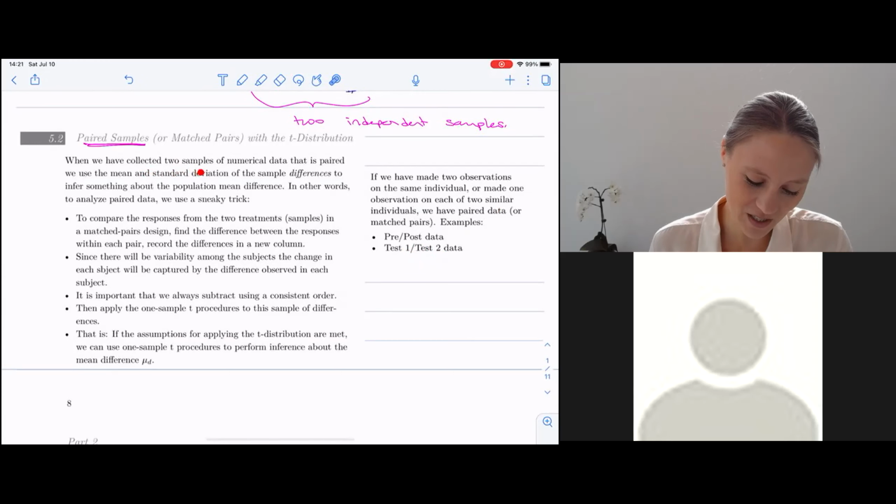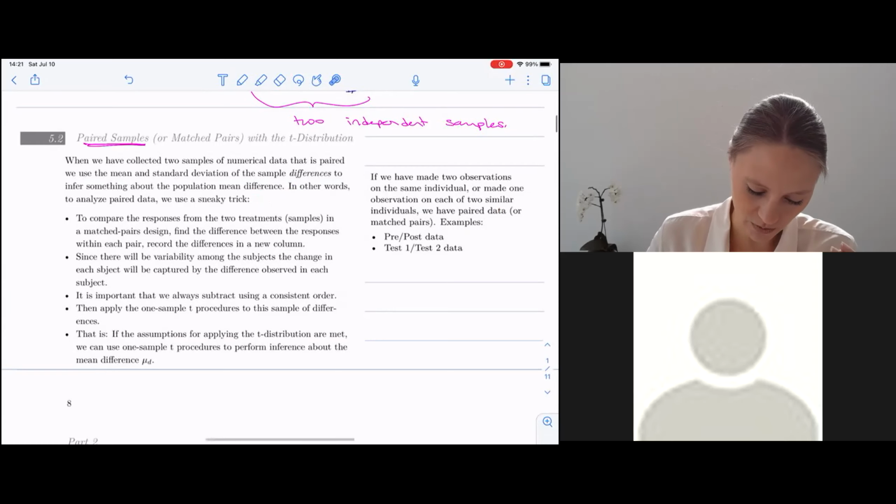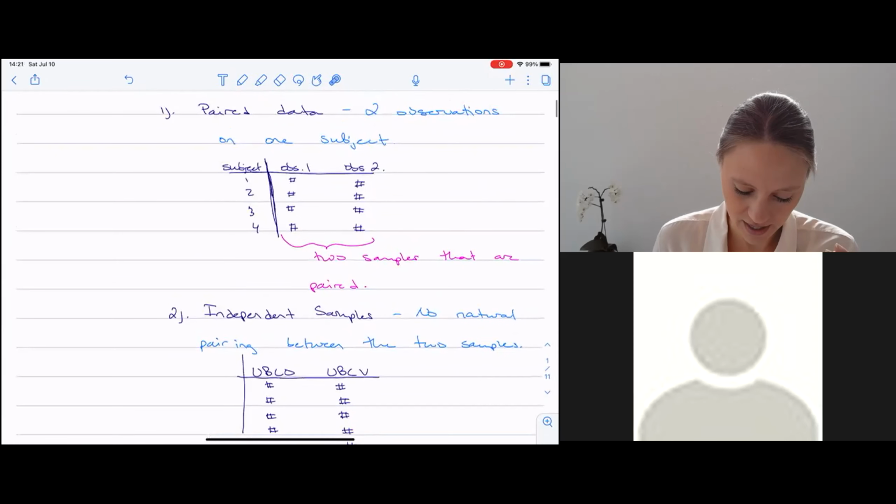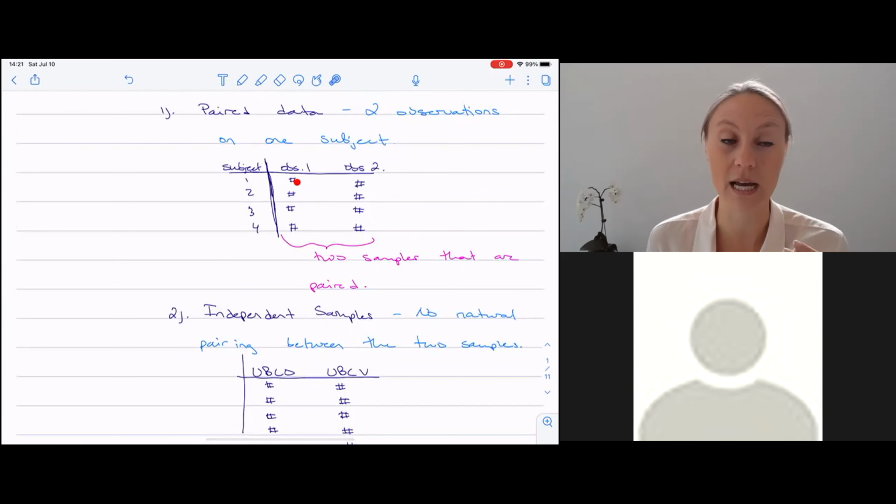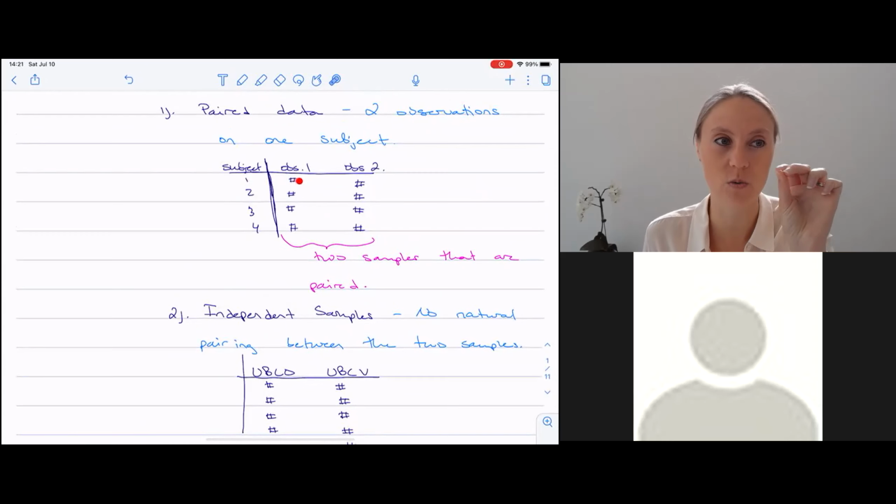So when we've collected two samples of numerical data that's paired, we use the mean and the standard deviation of the sample differences to infer something about the population mean difference. So what does that mean? What we do when we have paired data, which looks like this: subject 1 has observation 1, so maybe test 1 and then test 2.